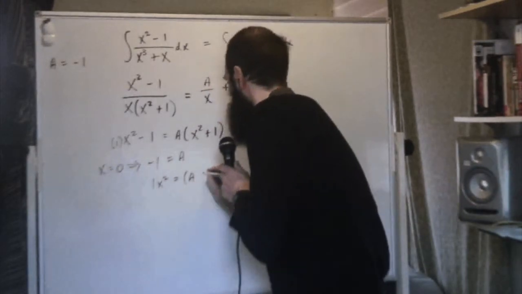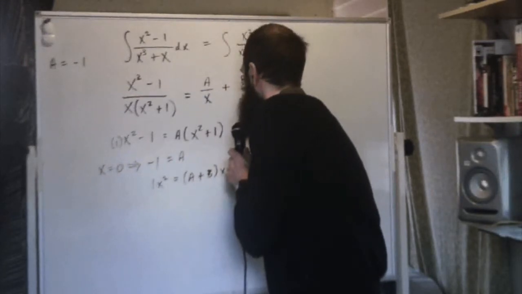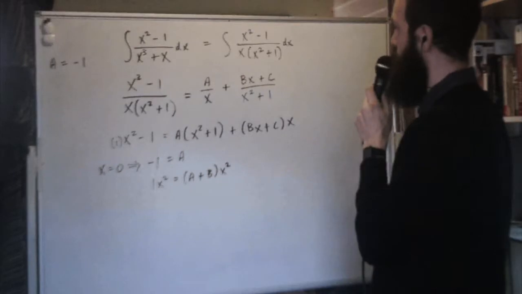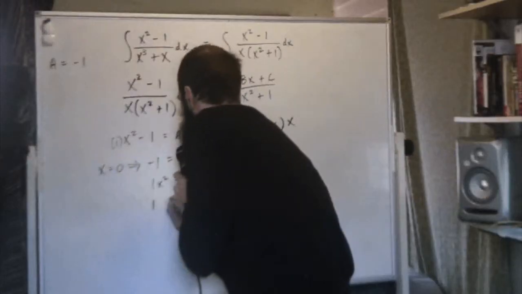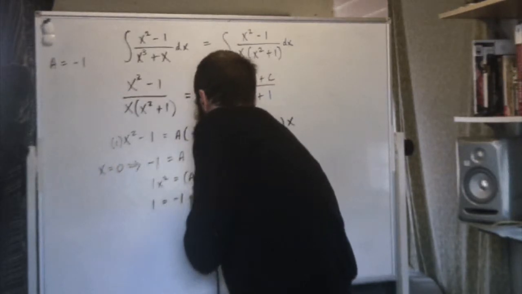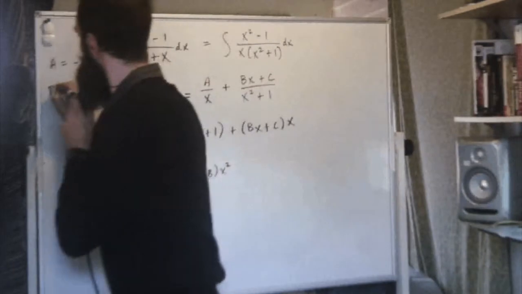On the right we have a plus b x squared. We know that a equals negative 1. So it looks like b is going to equal 2.